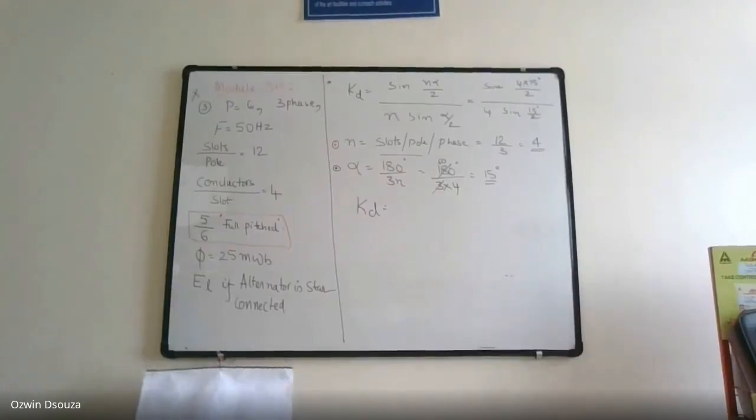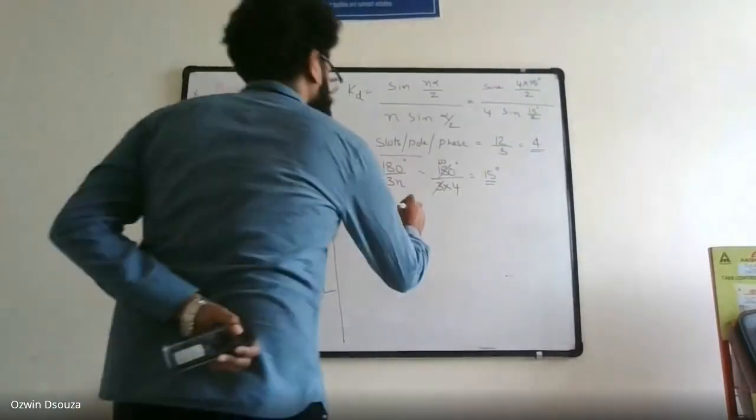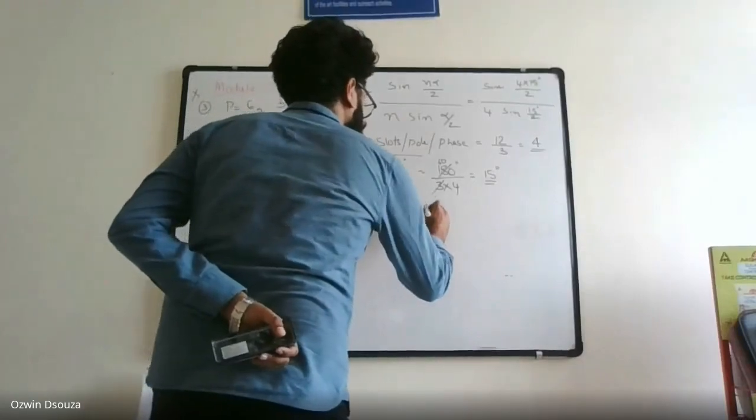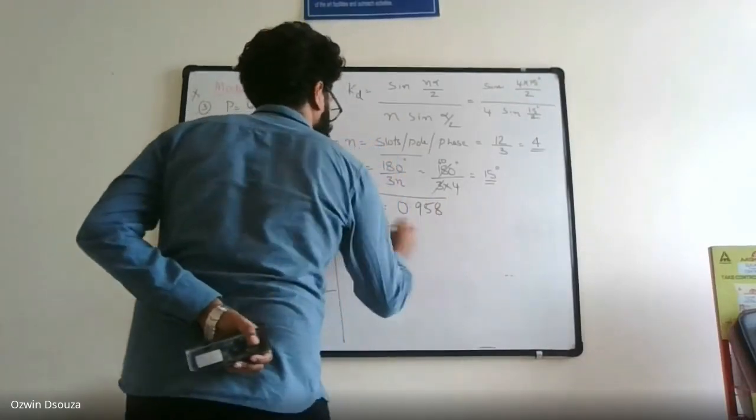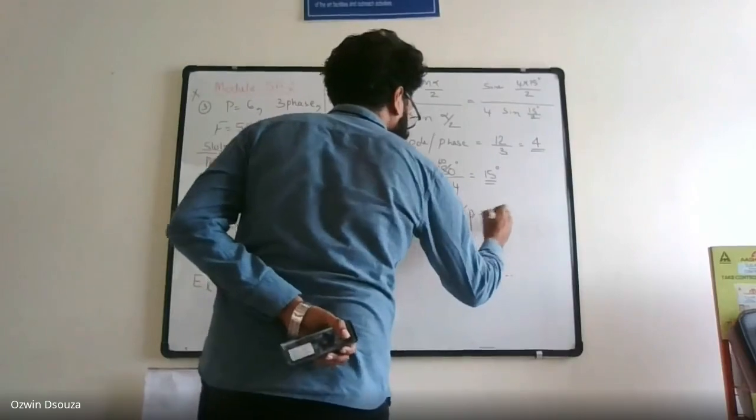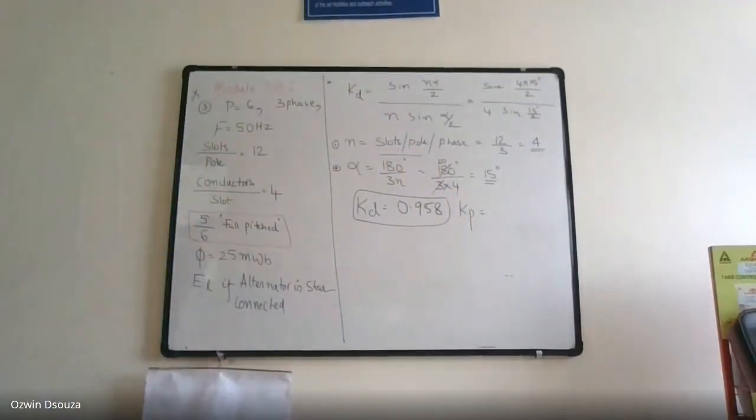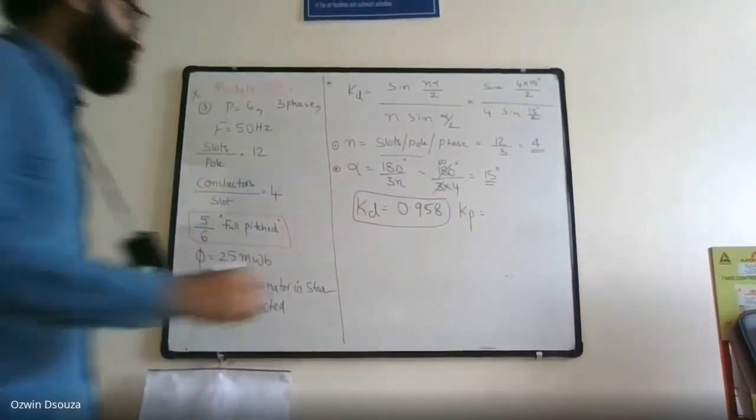So Kd is 0.958, and Kp, cos beta by 2, gave 0.966.